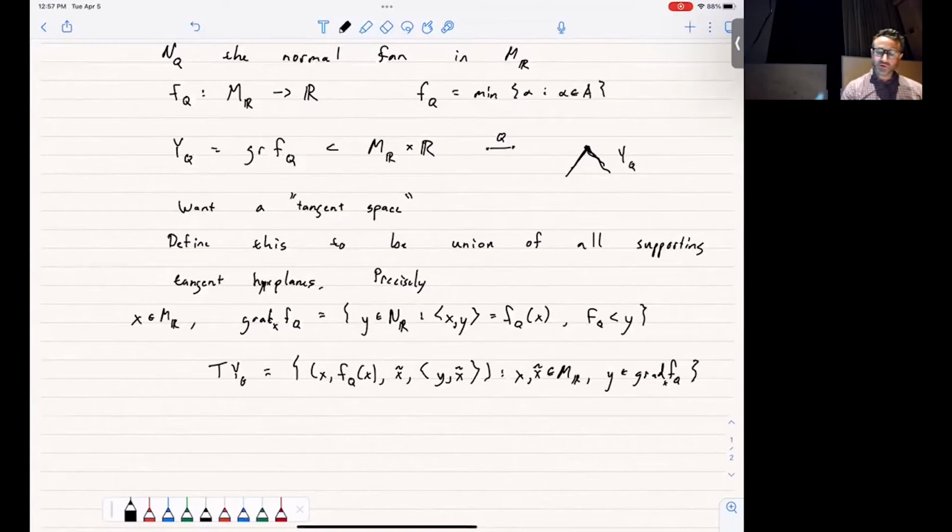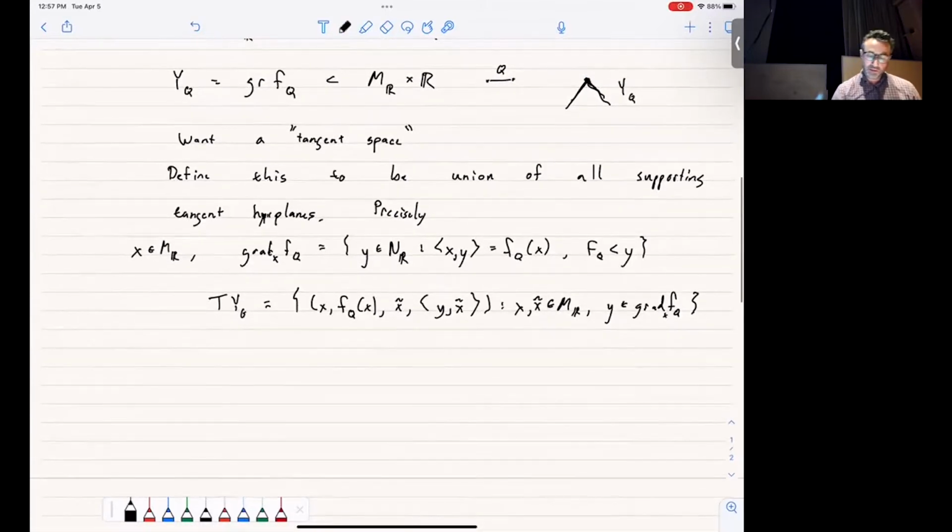So basically what I'm doing here is, if I'm at a smooth point, I've got my tangent space, we know what it is. But at these corner points, we're taking all of the possible supporting hyperplanes, taking their entire union. That's the idea. Okay. So there's a fact that I want to talk about.